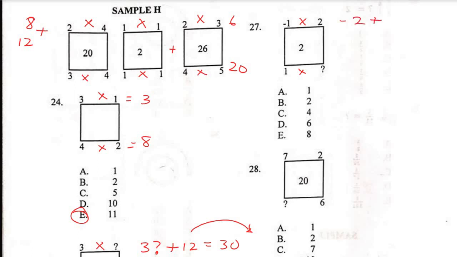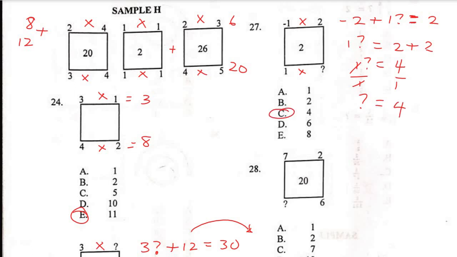Plus 1 times question mark, equal to 2. Move minus 2 to the other side. 1 times question mark will give me 2. Minus 2, as it crosses the equal to sign, changes to plus 2. So 1 times question mark is equal to 4. Divide both sides by 1. 1 cancels 1. So your answer is simply 4, which is option C.